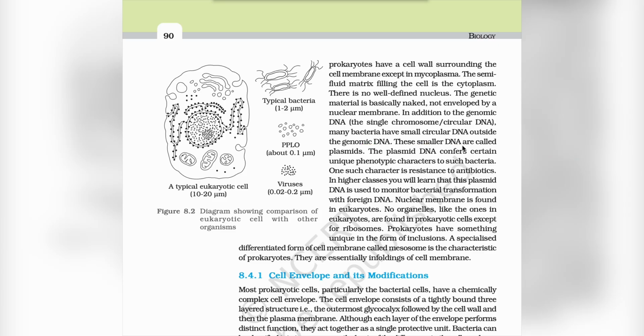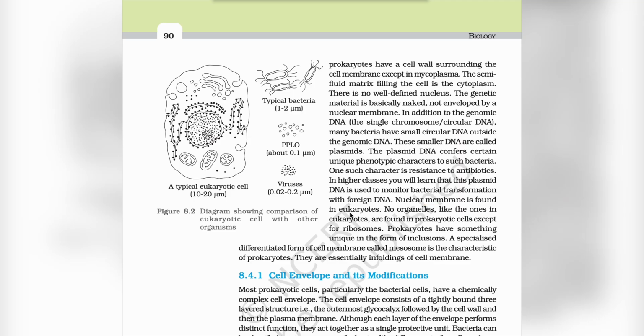These smaller DNA are called plasmids. The plasmid DNA confers certain unique phenotypic characters to such bacteria. One such character is resistance to antibiotics. In higher classes, you will learn that this plasmid DNA is used to monitor bacterial transformation with foreign DNA.